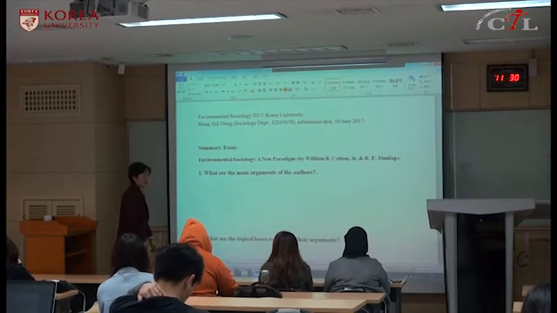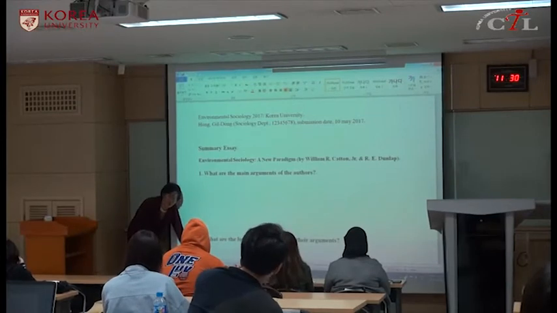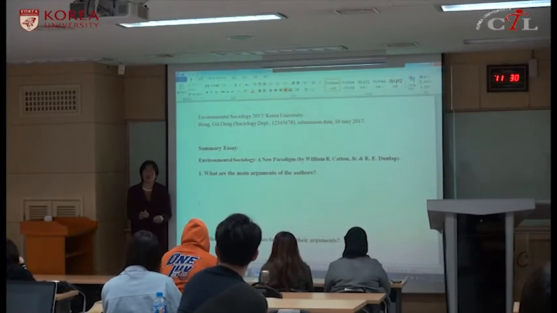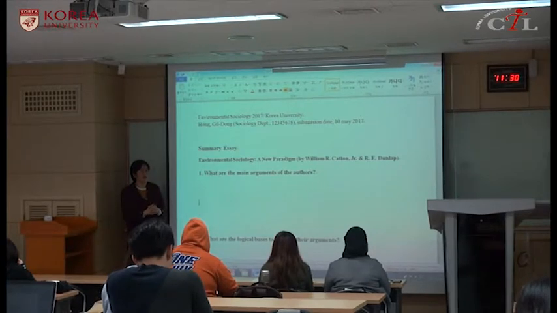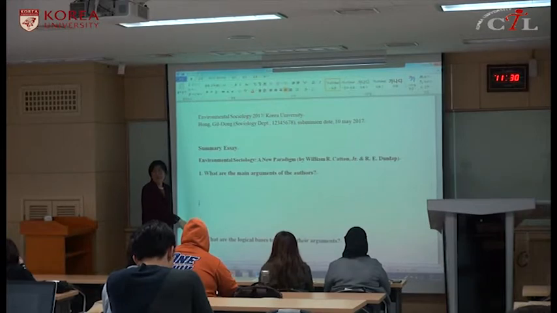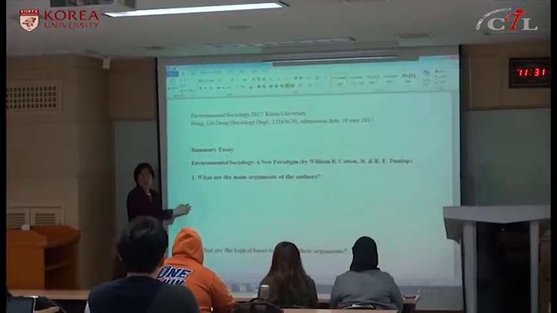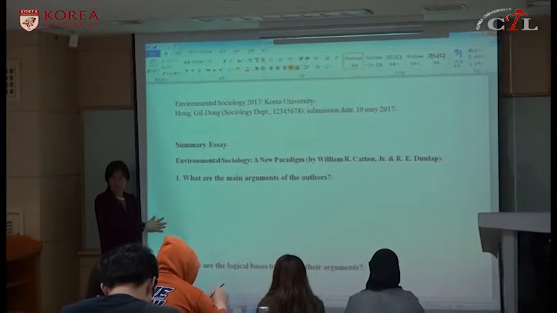When you see the number 500, that's the time you can finish. And don't forget that you have to put these two questions as the subtitles in your main body text. Okay?